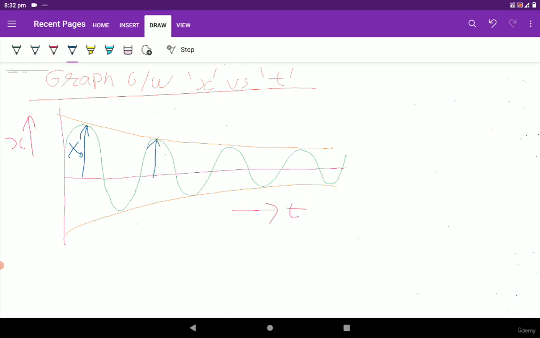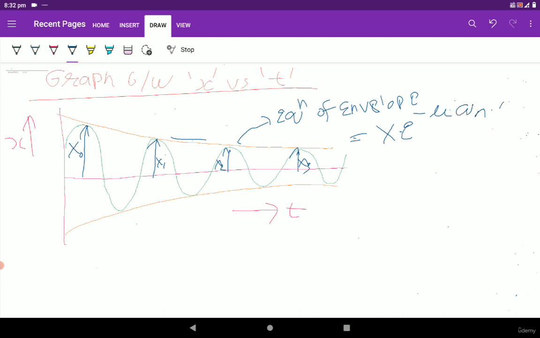This amplitude is x1, this amplitude is x2, and this amplitude is x3, and so on. This is the envelope. The equation of the envelope is x times e power minus damping factor times omega n times t.